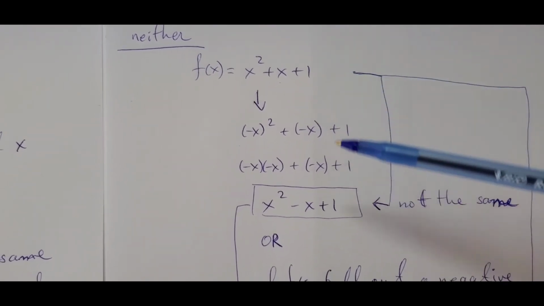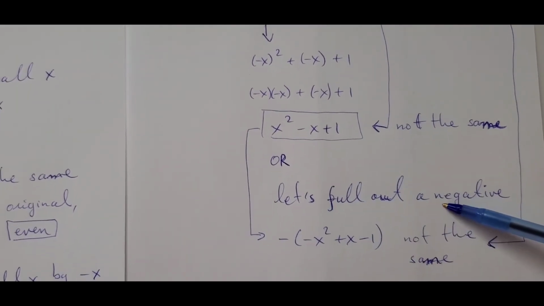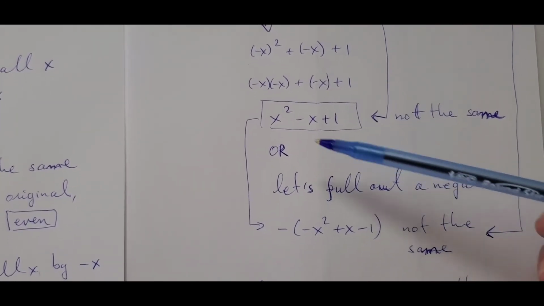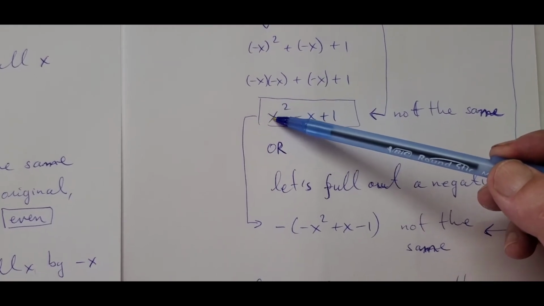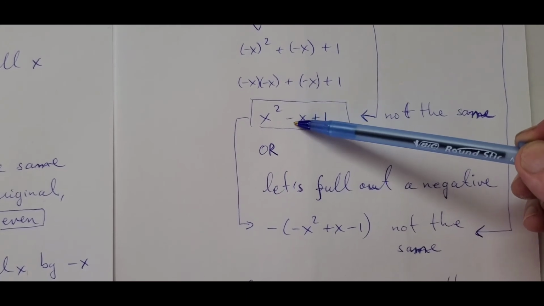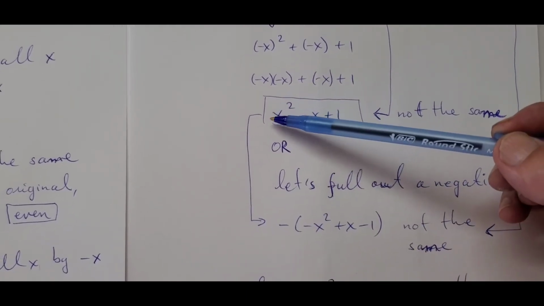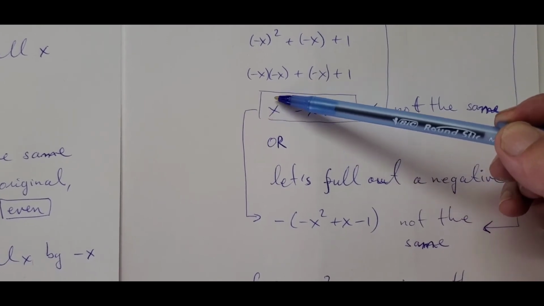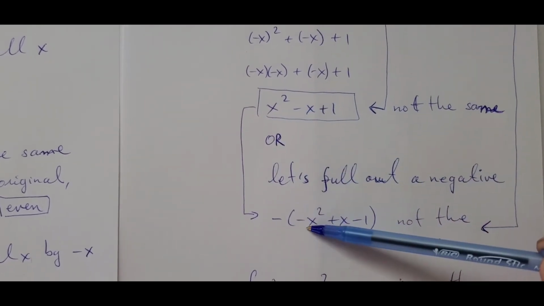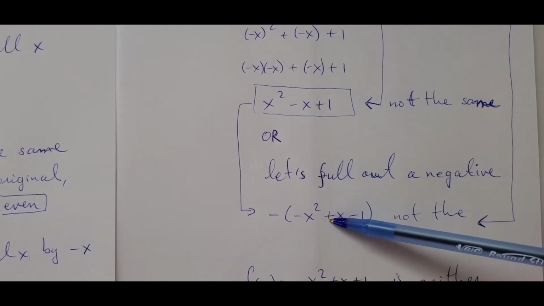Now let's try to factor out a negative. If I pull a negative from the first term, it will be minus. Take out a negative from the second term, it will be plus.